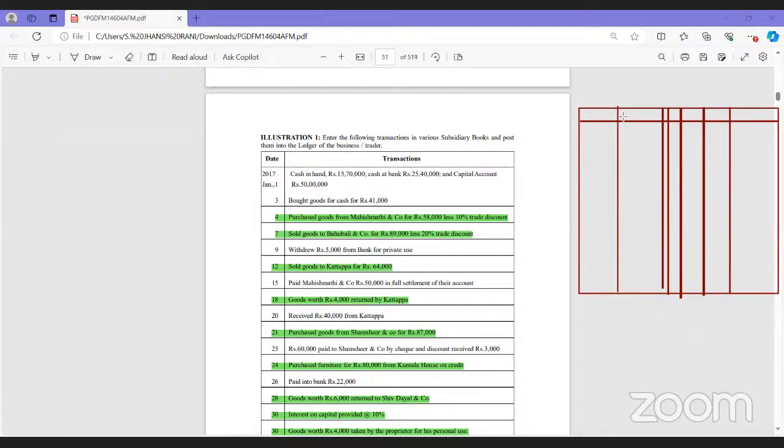So here we write date column, particulars. LF number is not required here, I'll just remove it. We write only the cash book: cash, bank and discount. Again date column, particulars.